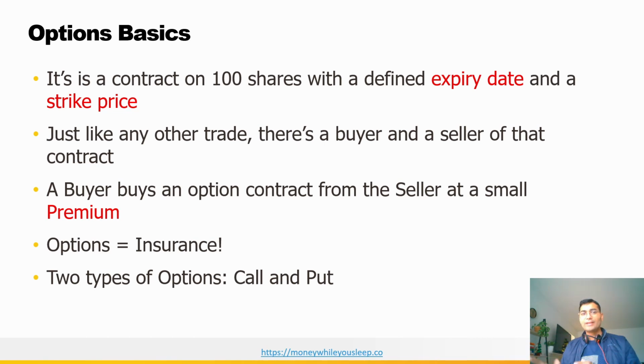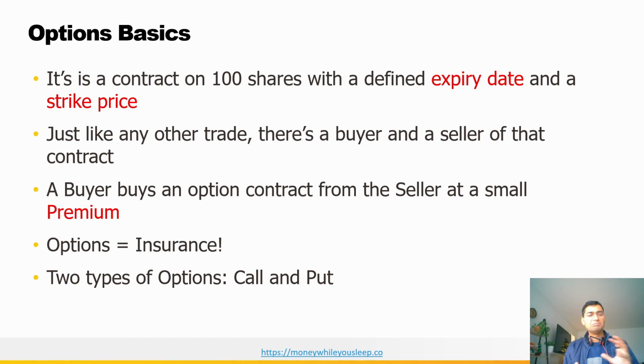So let's take a car insurance example. You want to buy car insurance and you are going to pay, let's say, a $500 premium per month for your $50,000 car. Similarly, in options you will have a $65,000 contract on Tesla shares for, let's say, maybe $400 until that expiry date, and you will have a strike price too. I'll come to that.